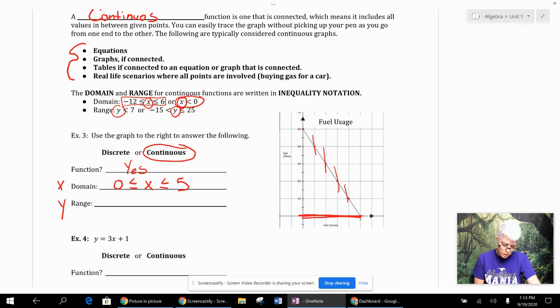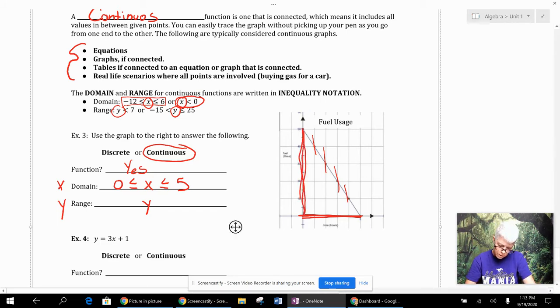Let's look at the range. The range is the y. And here again, you have to be super careful because we need the least value on the left and the greatest value on the right. So if you look, here is the range.